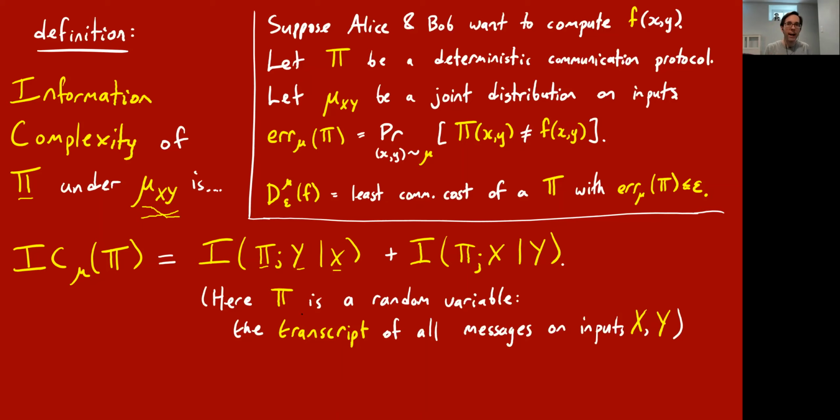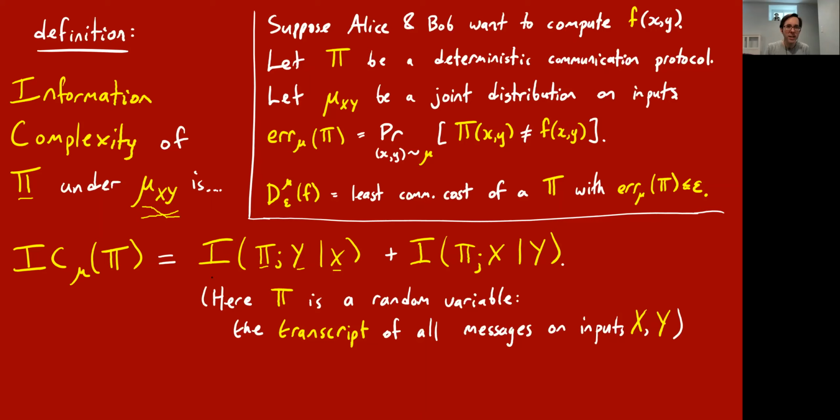And so pi represents, imagine you drew the inputs for Alice and Bob, little x and little y, and then you gave them to Alice and Bob and let them talk according to this communication protocol pi. They would output a stream of messages back and forth, and the whole transcript of what they output, not their inputs, but just the transcript, is the random variable pi.